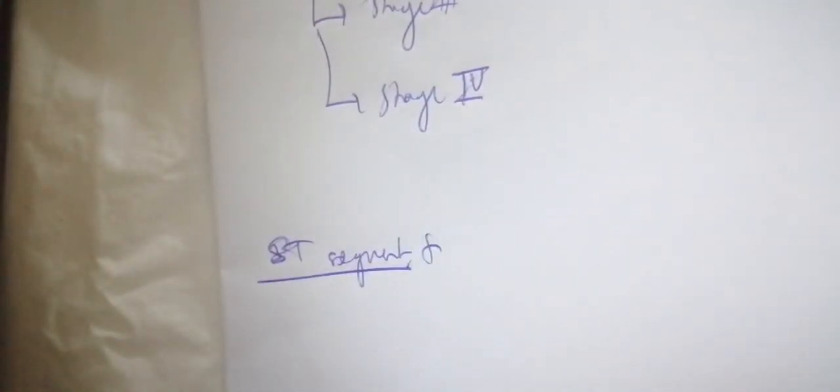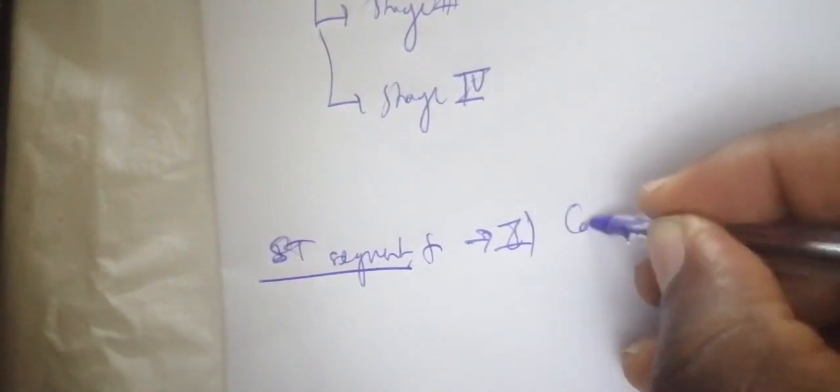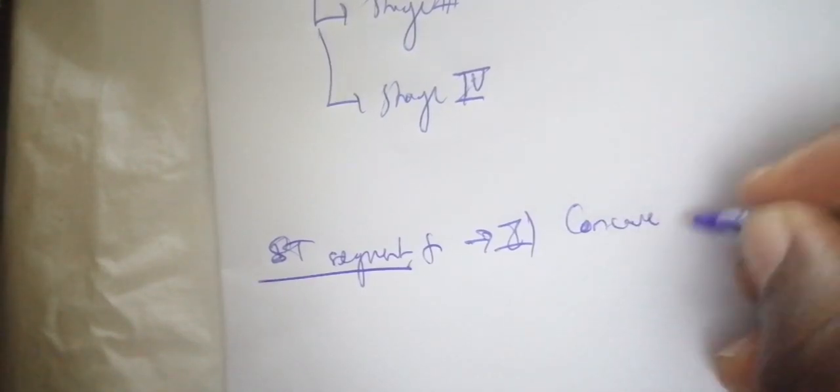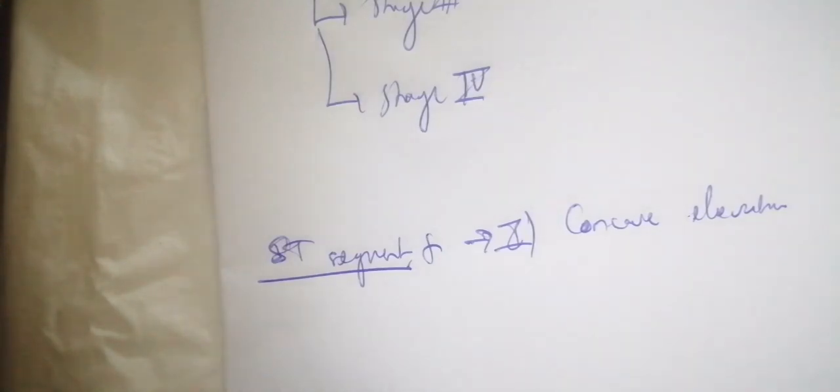The first point that you have to keep in mind is the difference between the ST segment elevation in pericarditis and that of myocardial infarction. For ST segment elevation in pericarditis, the first point is you have a concave elevation. When you have a concave elevation of the ST segment, it is more likely pericarditis than myocardial infarction.